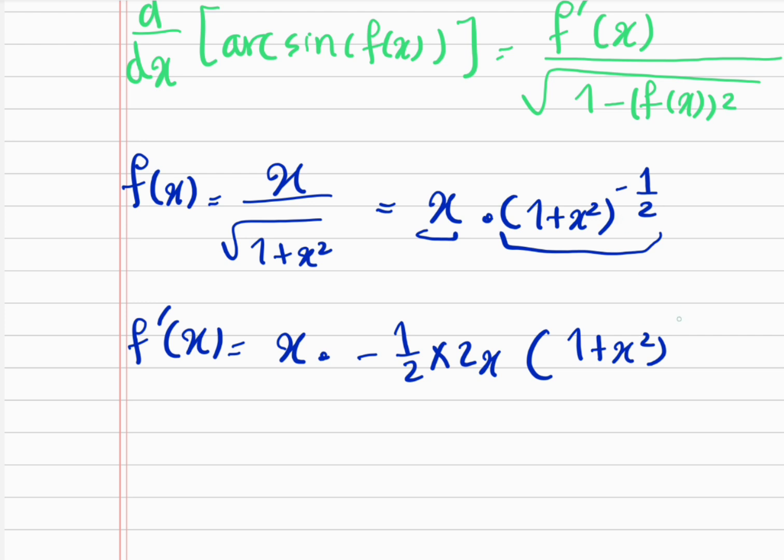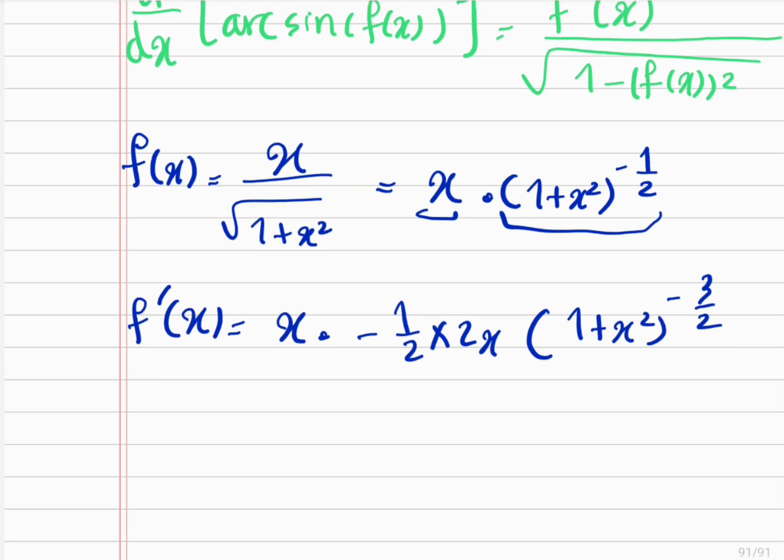So minus a half minus 1 is minus 3 over 2. That's the first part of the product rule. The second part says differentiate the first function and then times the second function. So x differentiates to 1, and it's just 1 plus x squared to the power of minus a half. Okay, so this is the derivative, and of course we can simplify this further.